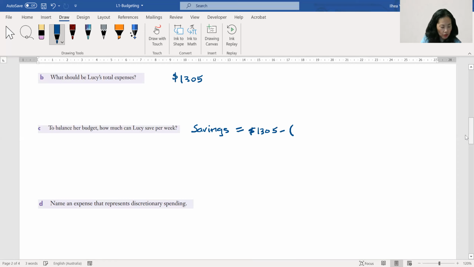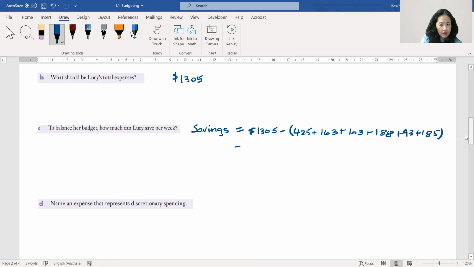So I'm going to write all the expenses here from the table: 425 plus 163 plus 103 plus 188 plus 93 plus 185. So it's all just from the table.